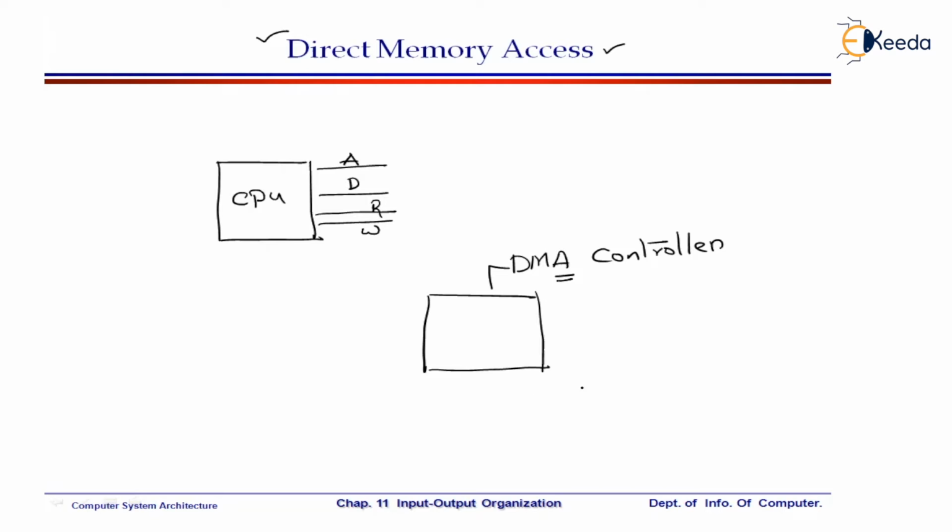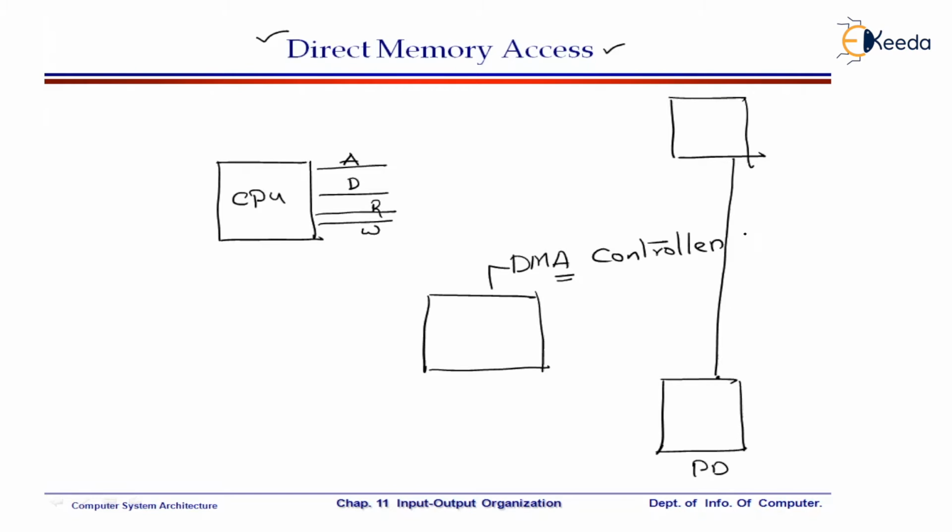Let us see. There is a peripheral device, and there is main memory. Now, forget about this line for a while. Whenever the peripheral device wants to make a transfer to the main memory, it is going to make a DMA request.